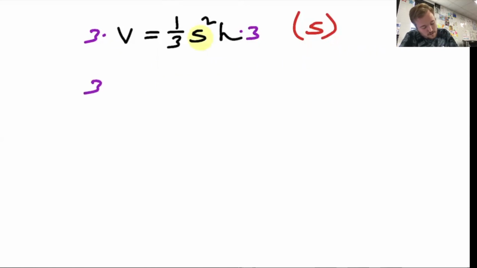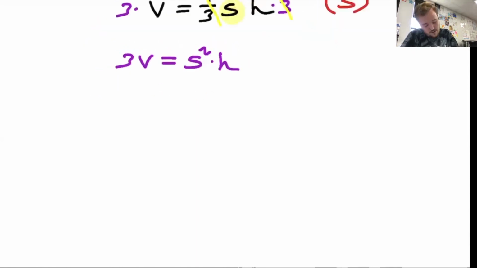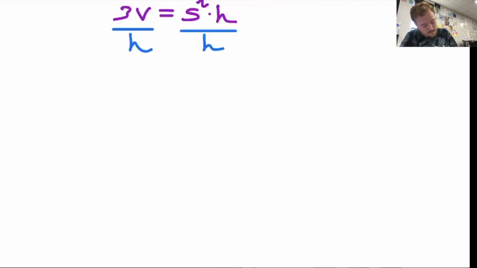So I'm going to have 3v equals s squared times h. The 1/3 and the 3 are gone. Next, I'm going to get rid of that h. So now I'm going to divide by h. So I have 3v over h equals s squared.